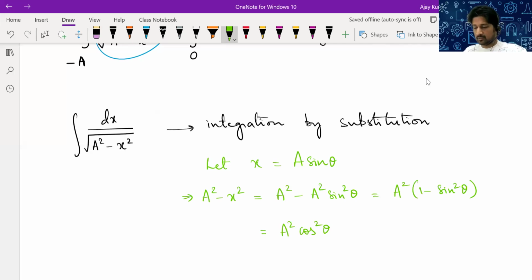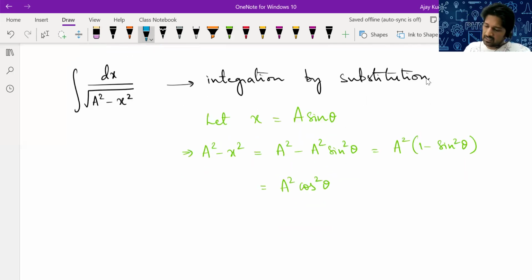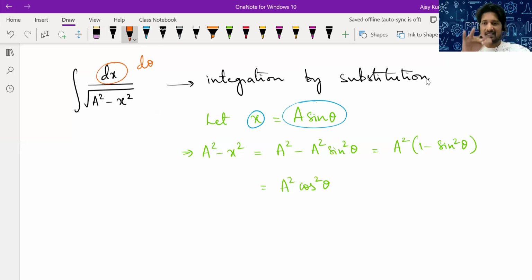That's okay. But when you are replacing x with something else, you are changing the variable from x to theta, then you will have to express dx in terms of d theta. How do you do that? You do that by differentiating this.